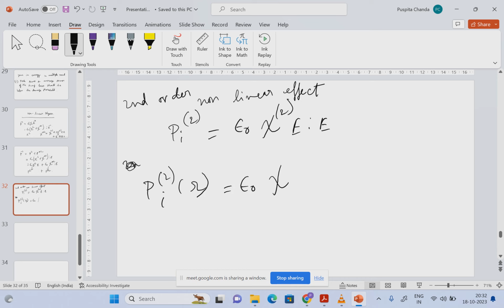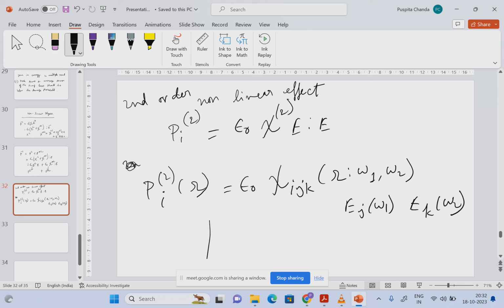Right? This is written as chi ijk omega 1 omega 2 Ej E k. What does that mean? That in a second order process, in the medium, if omega 1 and omega 2 are fed, we will get a new frequency omega.